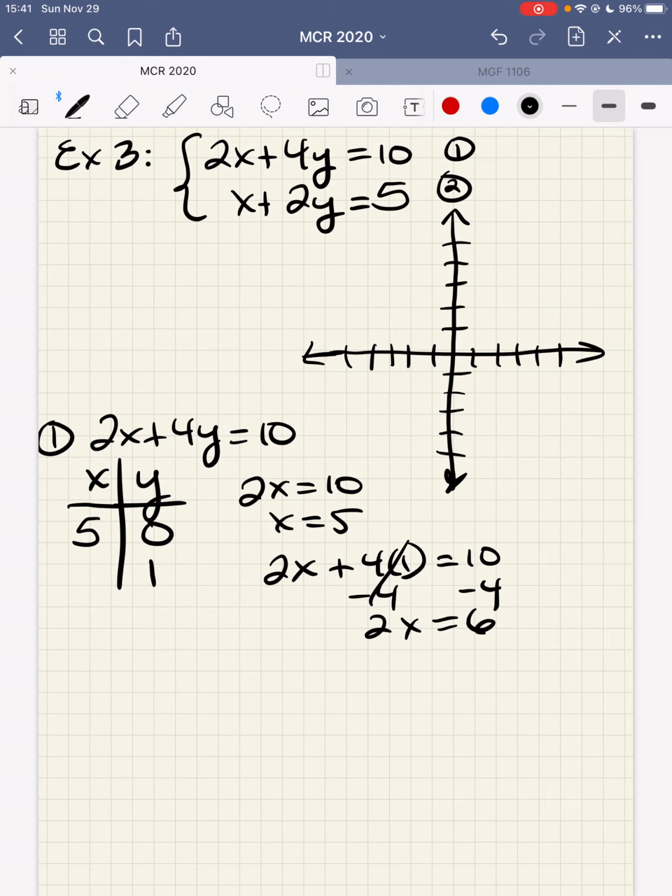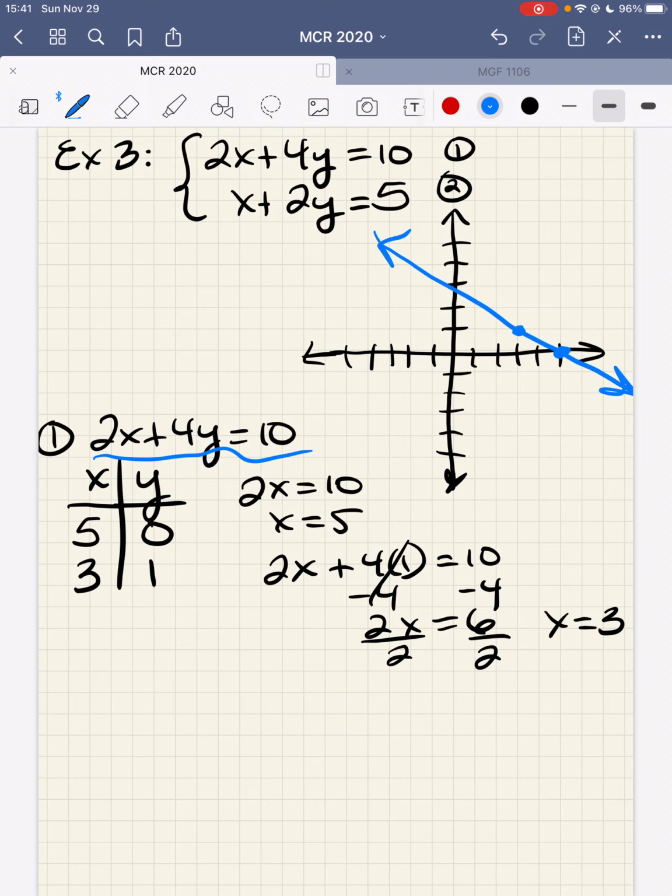That's a nice number. And if I divide by 2, x is equal to 3. And I have 2 nice points I can graph. I'm going to make this in blue. So 5, 0. Make sure you're graphing your points correctly. And 3, 1. All right, I'm going to connect these 2 points. This is where we're not really sure if this is going to work or not, but we'll see.